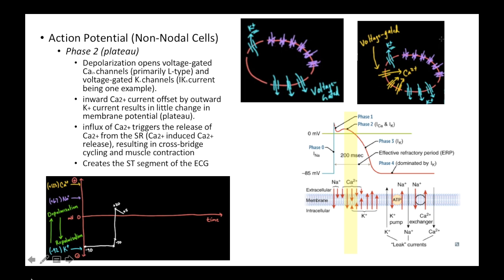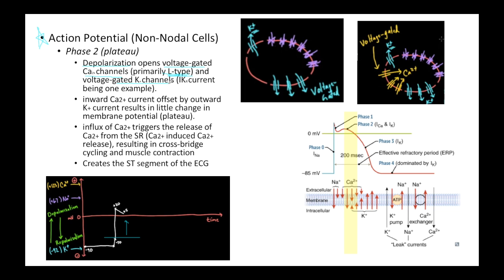Phase two is our plateau phase. Now this one, again, remember, is special to cardiac cells. Skeletal cells don't have these. Here we have a continued depolarization because we're still above this threshold level, which opens voltage-gated calcium channels, known as the L-type channels.